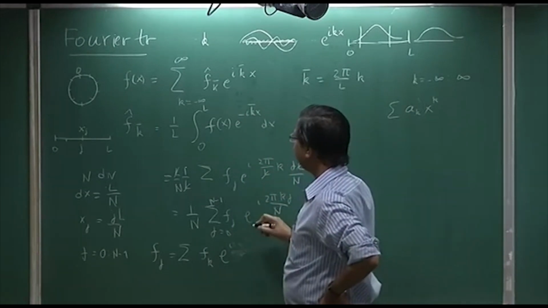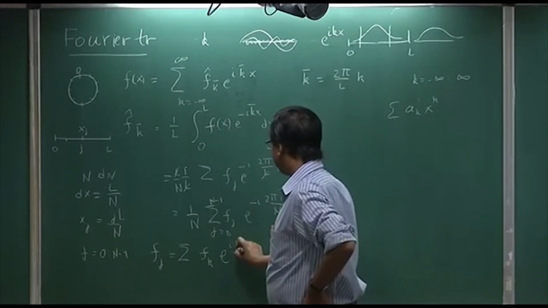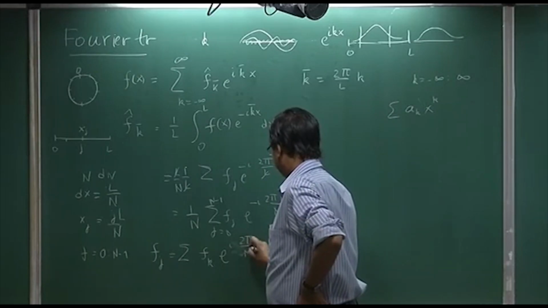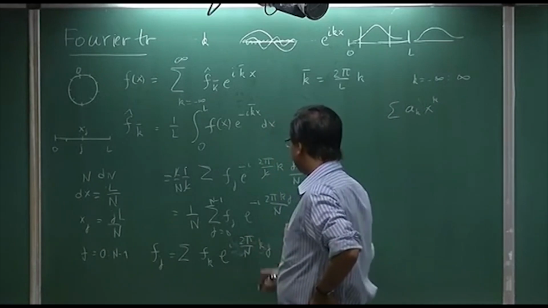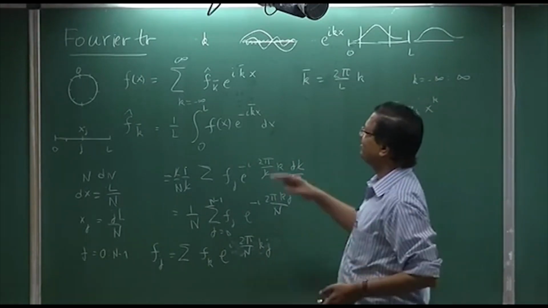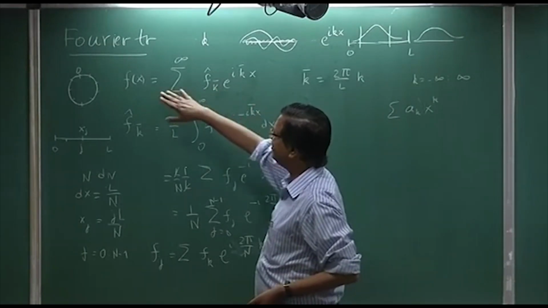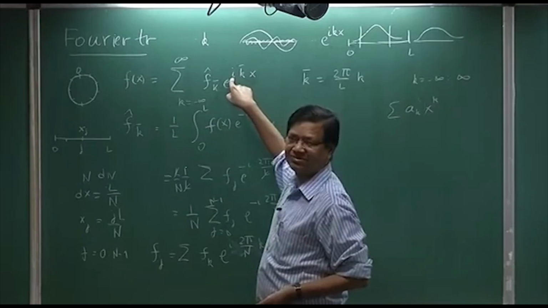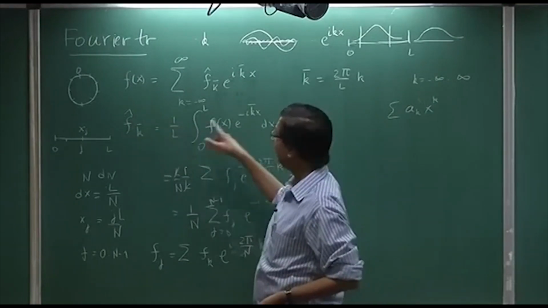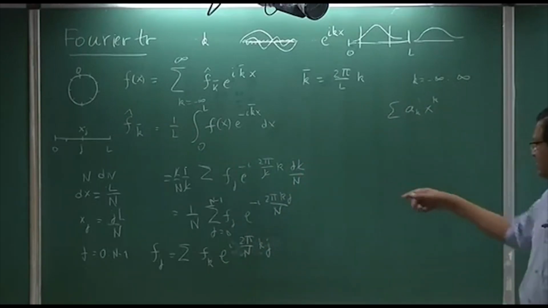I made a sign error, no, there is a minus sign here, and this is 2 pi by n k j. So, our notation is that for going from f k to f x, I have a plus sign, and going from f x to f hat, I have a minus sign. That is our notation. Some books flip it, but that is how we follow this notation.